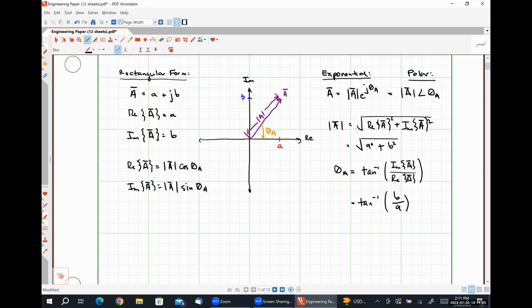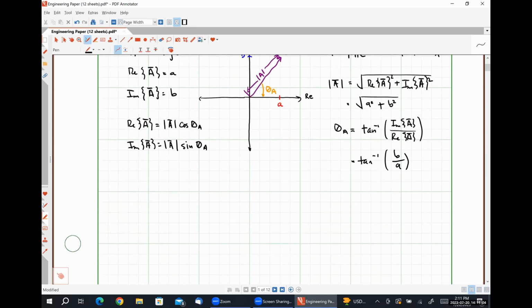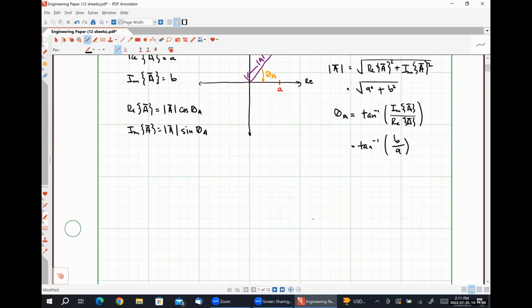So what I want us to do is to convert the following complex number. Let's say that complex number X is -6 plus J2 into polar form, right?